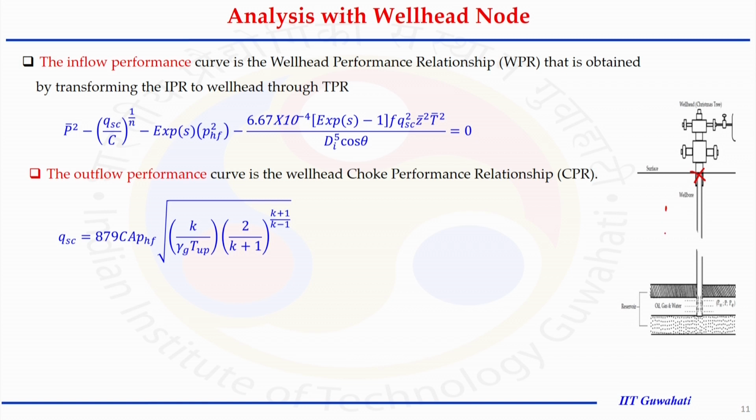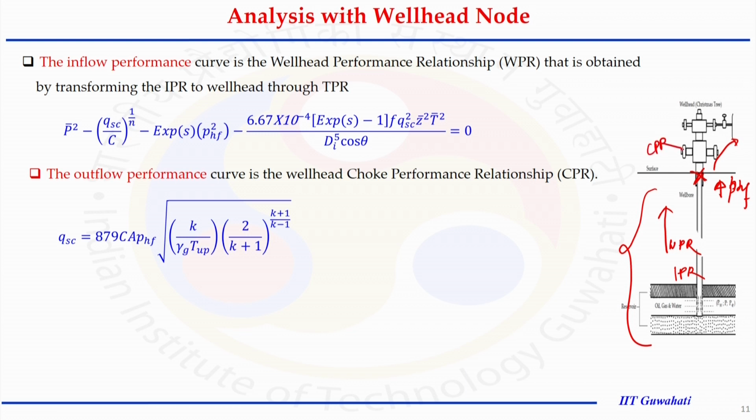Whatever is coming from this side and whatever is coming from this side is WPR, and the WPR can be clubbed with the IPR to get the combined information that is coming to this wellhead node. The information in our case is pressure, that we are calling PWH, wellhead pressure, and the information going out of this is characterized by the CPR.